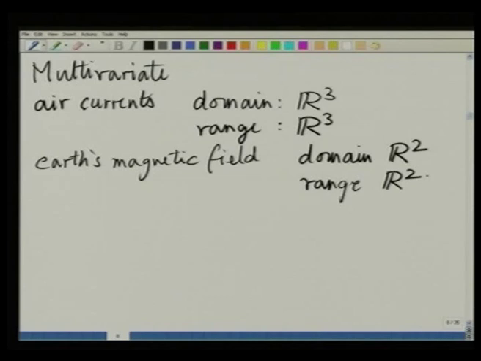For this course, we will confine ourselves to the simplest kinds of signals, signals which have a one dimensional domain and a one dimensional complex range.